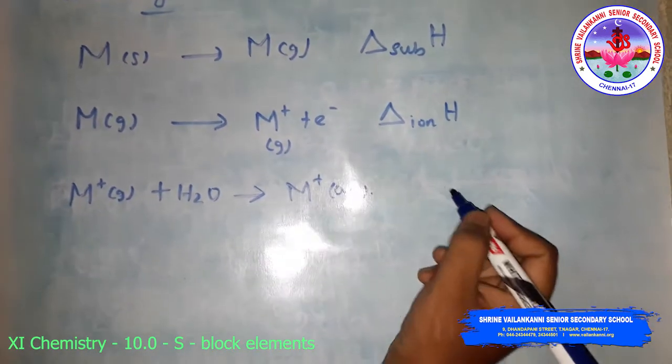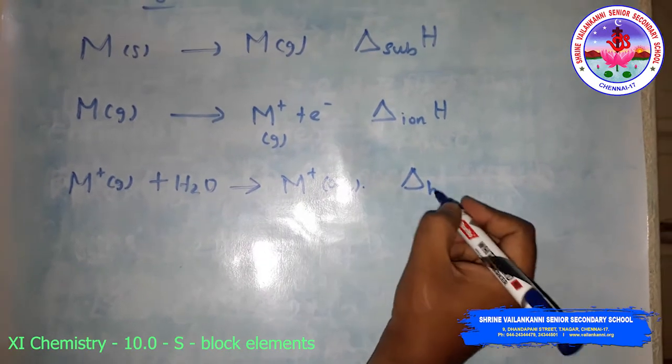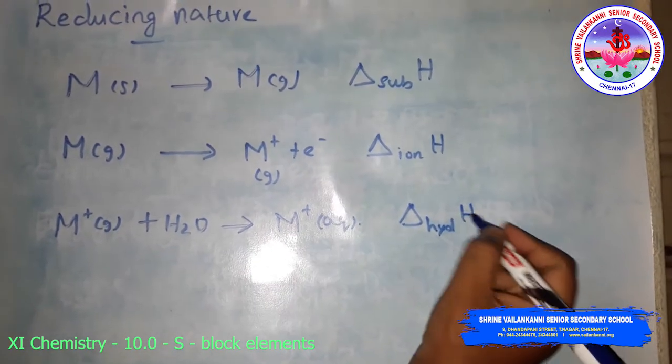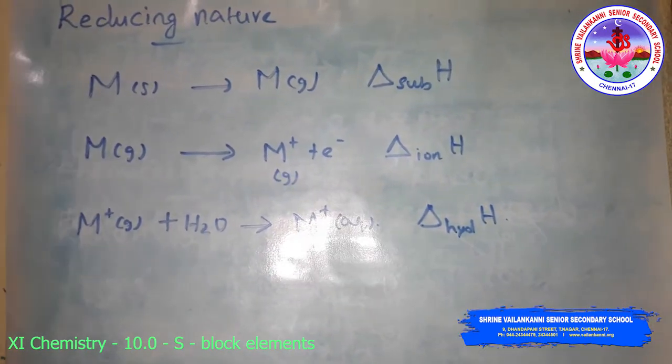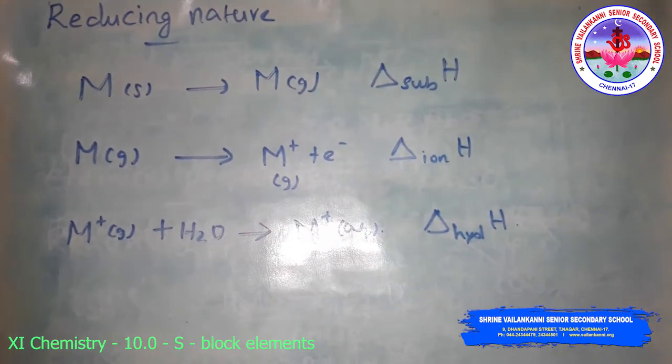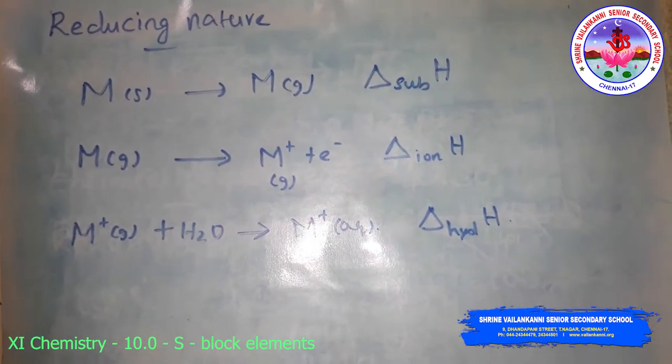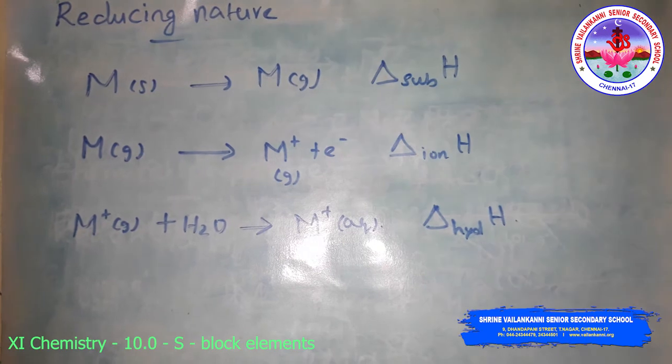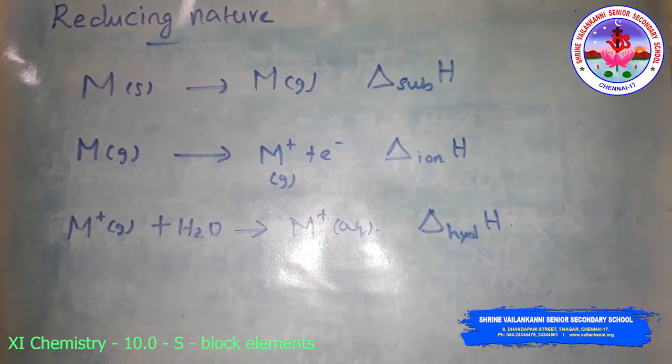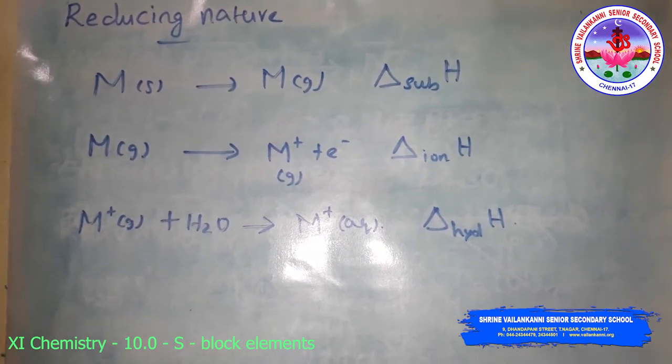This is hydration enthalpy. Due to the small size of its ion, lithium has the highest hydration enthalpy, which accounts for the high negative E0 value and the high reducing power.